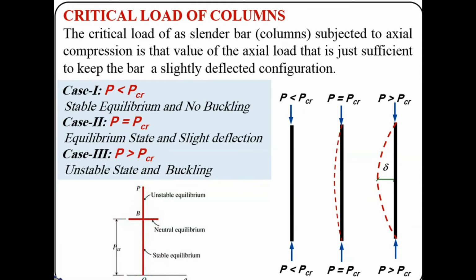When the load is exactly equal to 101, or equal to P critical, we will have a small deformation in the lateral side. But if I further increase the load, the column will suddenly fail. So when P is less than P critical, it is the stable part; when P is equal to P critical, neutral equilibrium; when P is more than P critical, then it is unstable.